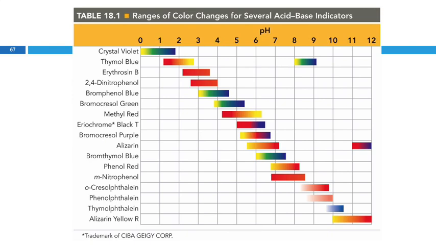When we look at phenolphthalein, which is down here, it begins to change color around pH 8.5, which is fine for a weak acid. But this would not be the best choice for a strong acid where your equivalence point is at 7. You'd be better off with something like phenol red.